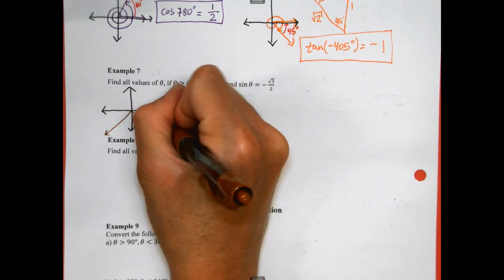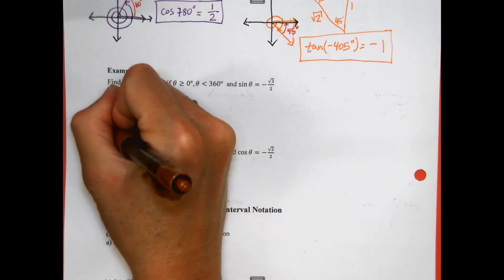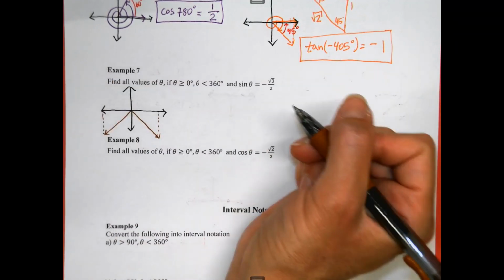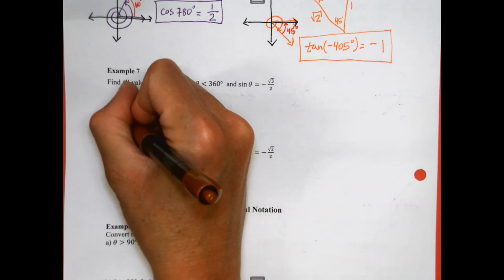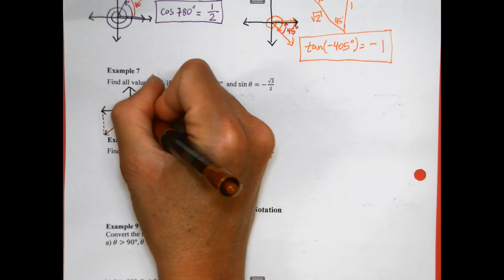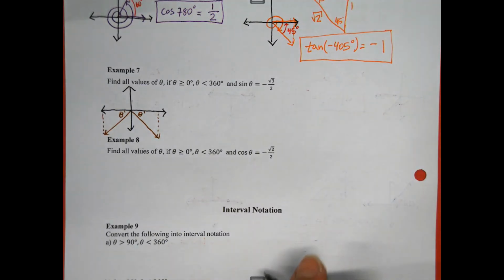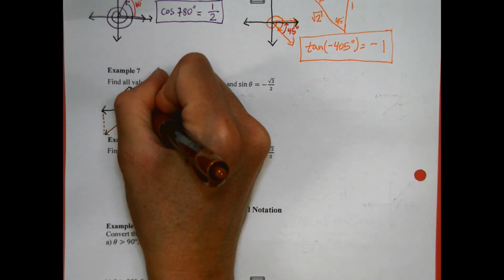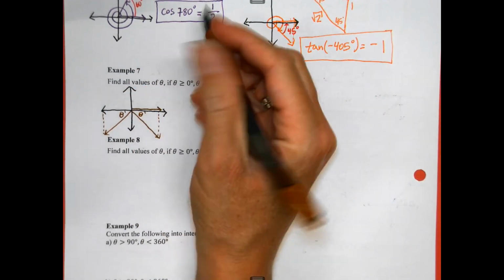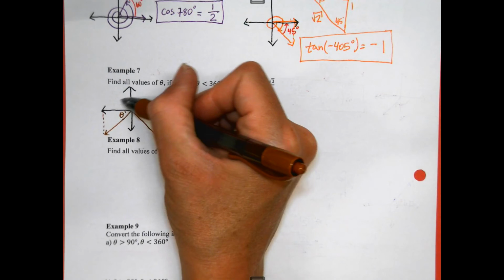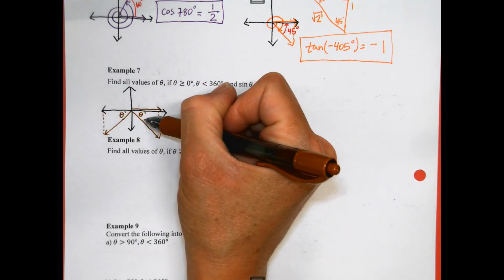We know that there's a reference angle in here, and we need to figure out what it is. And once we know what that reference angle is, we will be able to find the angle that starts here on the positive x-axis and rotates and ends here in quadrant number 3, or rotates and ends in quadrant number 4.